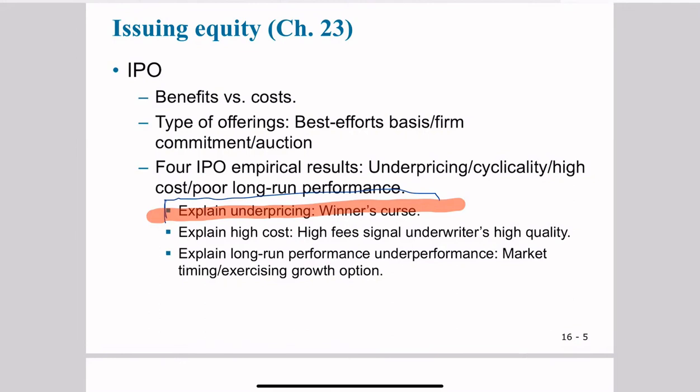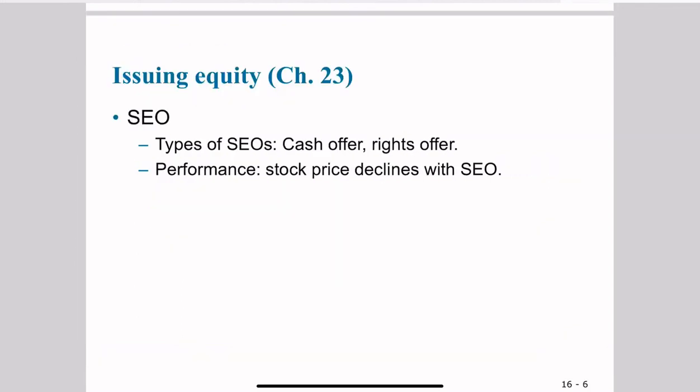So the price will decrease, the return will be abysmal. And then the second explanation is about exercising growth options. It basically means as the firm files for IPO, it becomes less risky. And we learned that if an investment has smaller systematic risk, then its returns should be smaller.